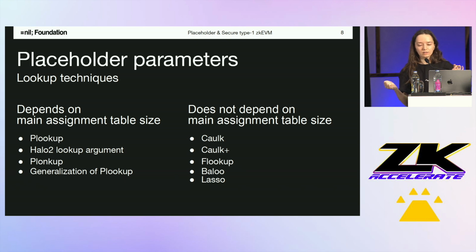So it looks like the second approach would always be better, but it requires using a field of pairing-friendly curves, and sometimes you cannot do it if you don't want to use non-native arithmetics. So what we have in the placeholder is our own generalization of lookup, and for the second, we have LSO.